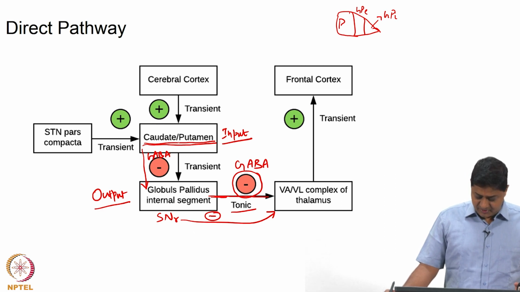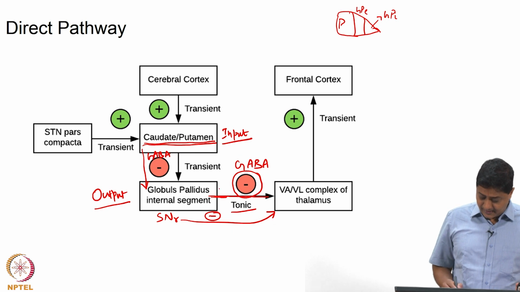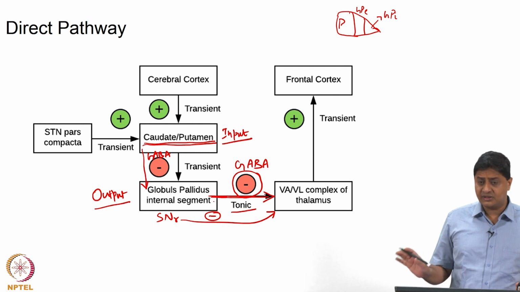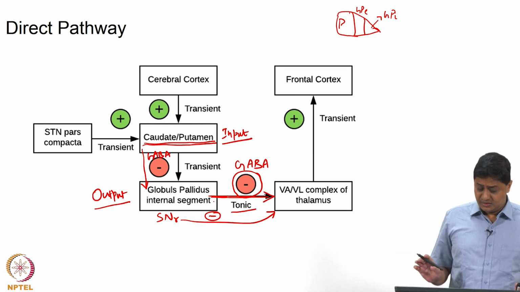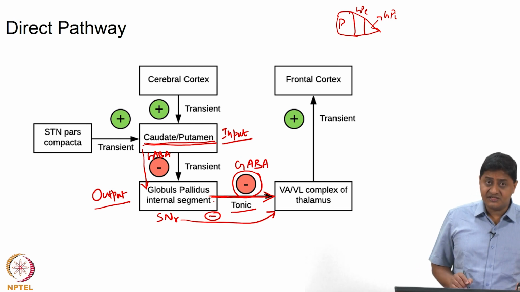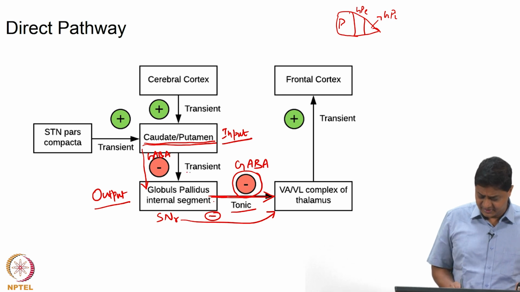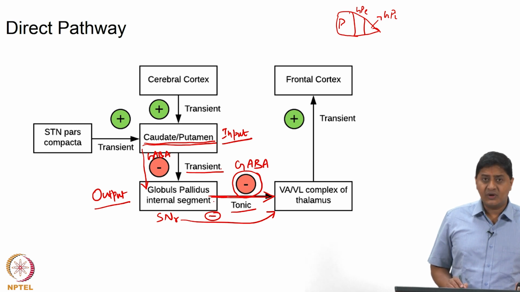But let us remember that GPI is already tonically inhibiting the thalamocortical neurons. So, if these neurons in the GPI themselves are transiently inhibited by the input from the striatum, then what happens?